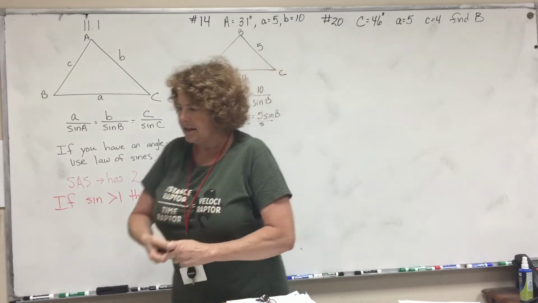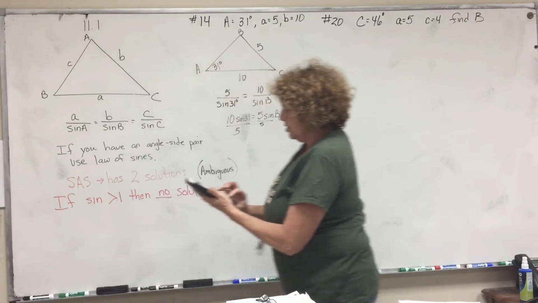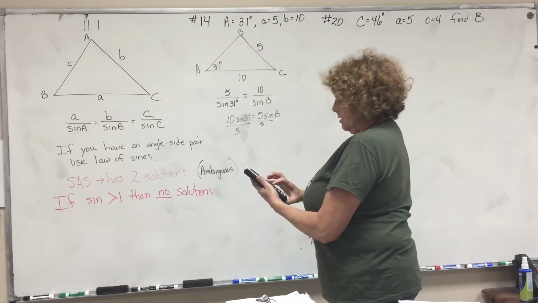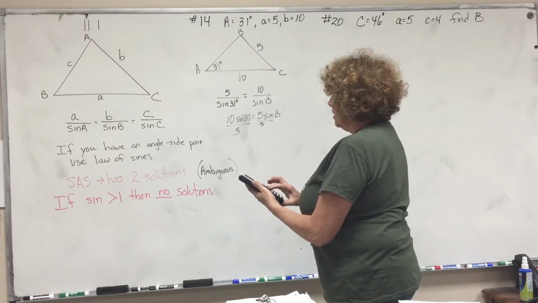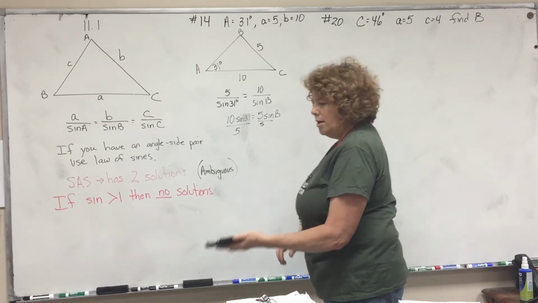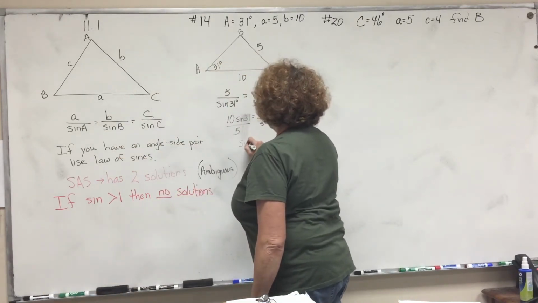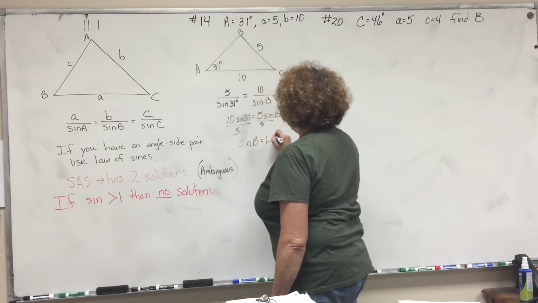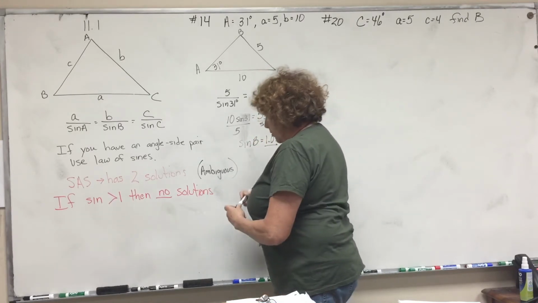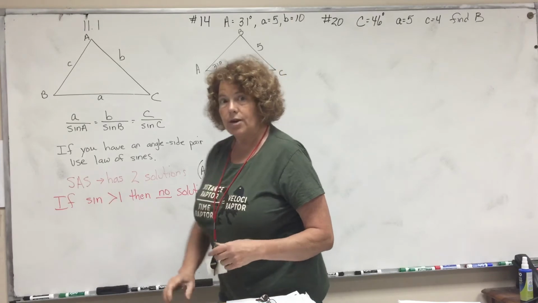Let's do that calculation: 2 times the sine of 31, and you end up with 1.03. Well, the sine of B is 1.03. It's greater than 1. You can't have a sine greater than 1.